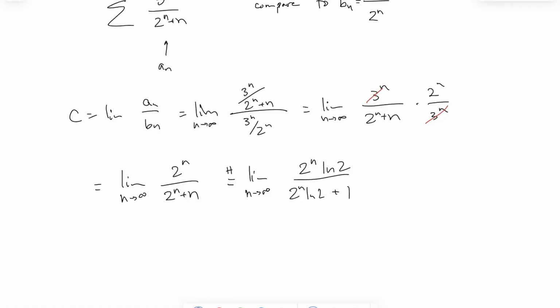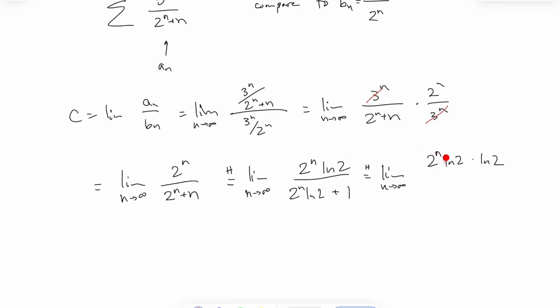Okay. Is this getting anywhere? I don't know. Actually, if I try to make the n go to infinity, I still have infinity on the top and on the bottom. But I think if we do L'Hopital one more time, this will be all good. So I'm going to do L'Hopital again. It becomes now 2 to the n ln2 times ln2. It's like this ln2 was already there and it stays there.